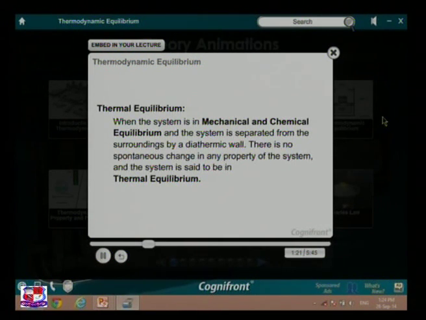When the system is in mechanical and chemical equilibrium and the system is separated from the surroundings by a diathermic wall, there is no spontaneous change in any property of the system, and the system is said to be in thermal equilibrium.